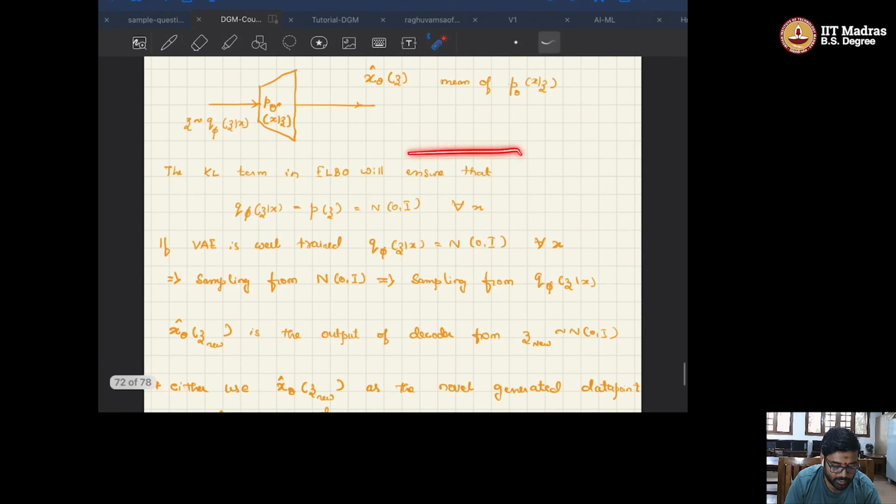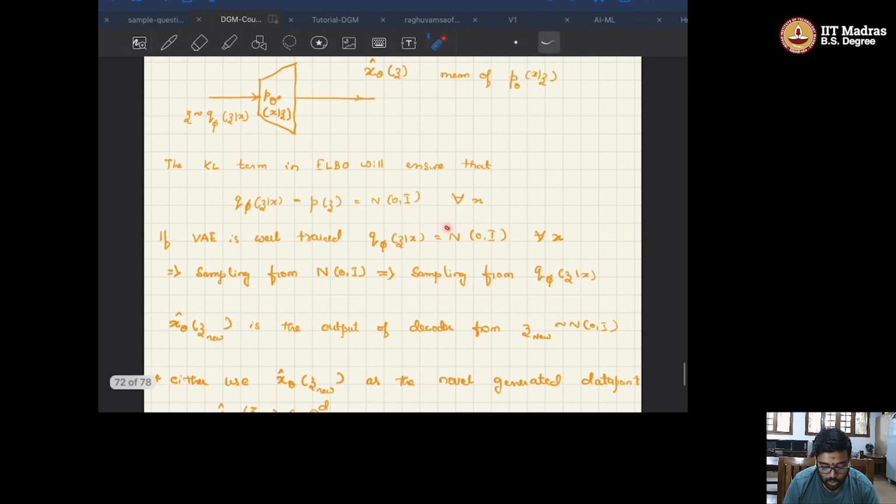If your training has happened properly, your KL term will ensure that your q phi, that is your latent posterior, is similar to standard 0,1 for all X. So what does this mean? If you are sampling from 0,1, it is the same as sampling from your latent posterior.